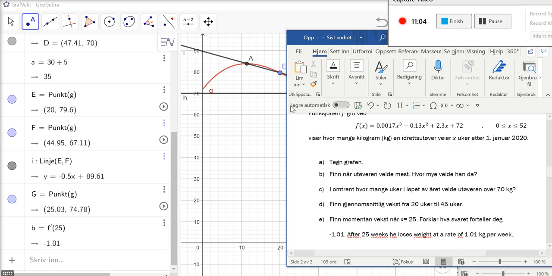That's what this tells us. After exactly 25 weeks, he loses weight at a rate of 1 kilogram per week.